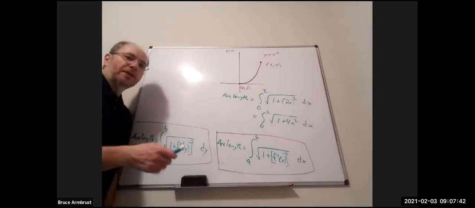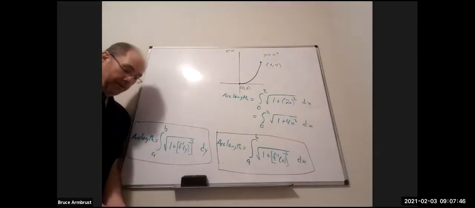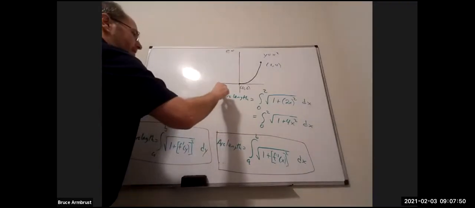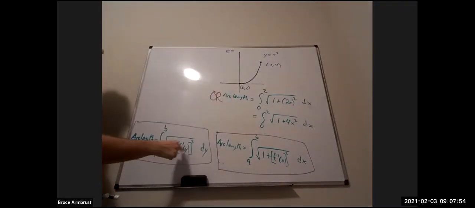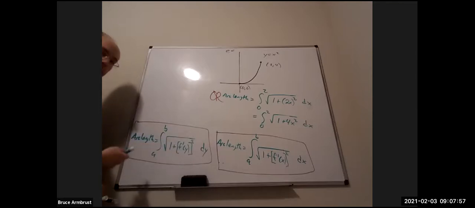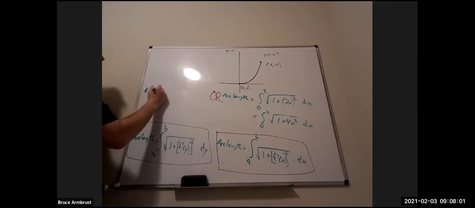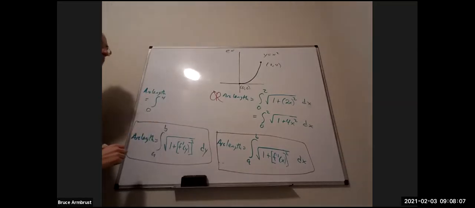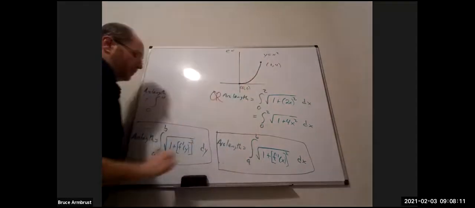But let me show you what it would look like if we set it up with the dy, because this is an alternative choice. So I'm going to put a big "or" here, because we have another option. The other option would have been to set it up in terms of the y's. If we were to do it this way, we're going to have an integral from 0 to 4, because those are now our y bounds, y equals 0 up to y equals 4.